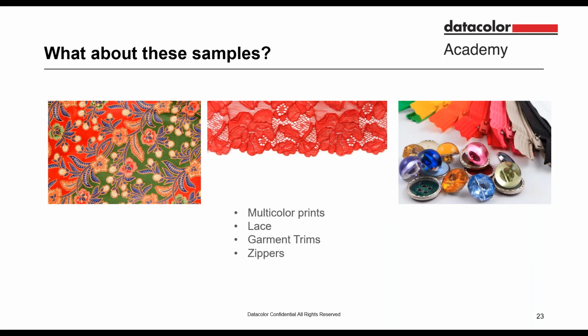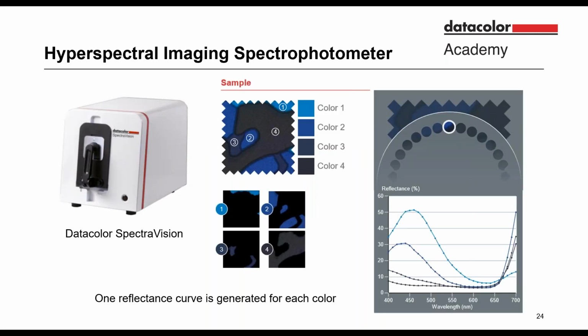We've seen so far measurement of materials that are solid, single color materials with different textures. But what about these samples? What about multicolor prints? What about lace or all the trims that are used for garments, zippers, buttons, etc.? There is a new technology called SpectraVision.